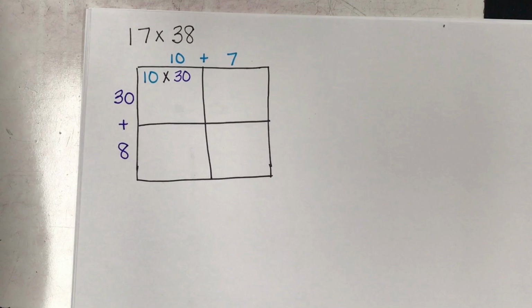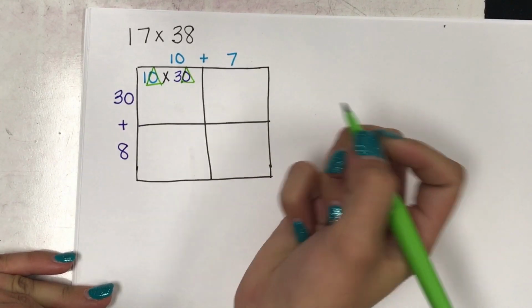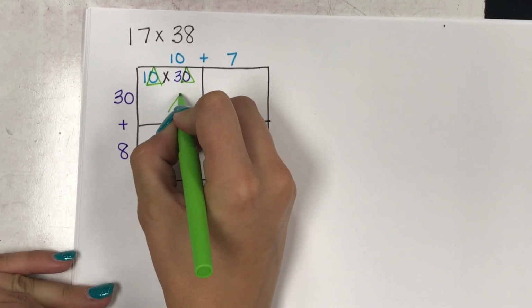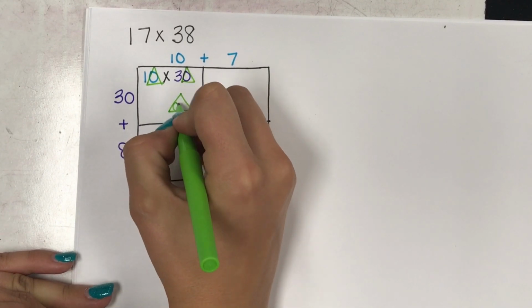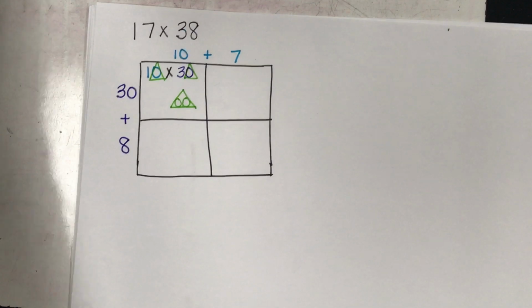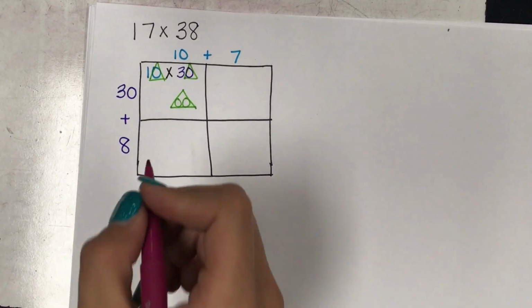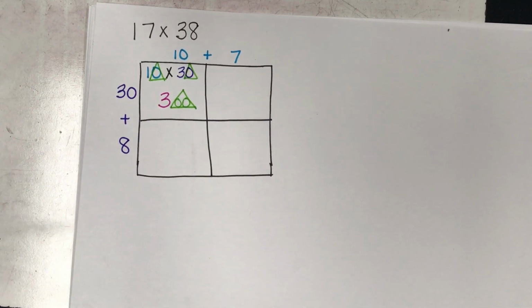So we talked about our zeros trick yesterday, which really works because we're just multiplying by tens. How many zeros are in my problem? 2. How many zeros are in my answer? 2. What's 3 times 1? 3. So what's 10 times 30? 300.